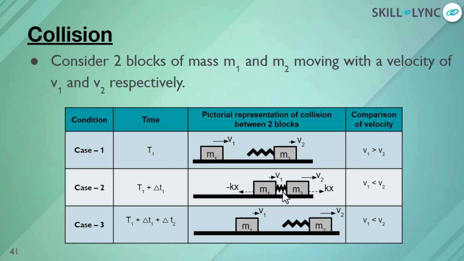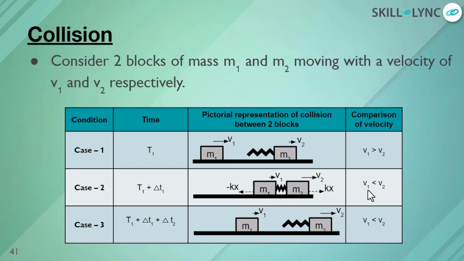This would cause the spring to compress and transfer of velocity. Thus, we can see here v1 is lesser than v2, whereas in the previous case v1 was greater than v2. That only tended this object to collide with the second object.